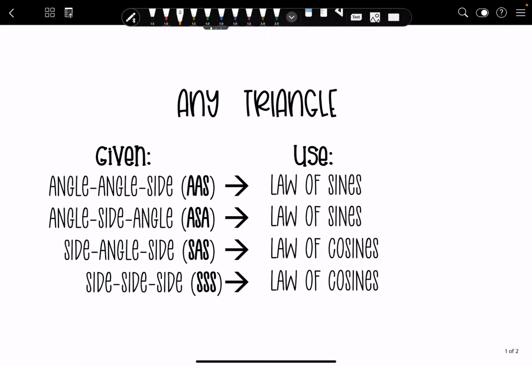Now, if you have any triangle, here's what you need. If I've been given angle, angle, side, I've got an angle and a non-included side, then I'm going to use the law of sines. The same thing happens if I've got an included side, because it doesn't matter.